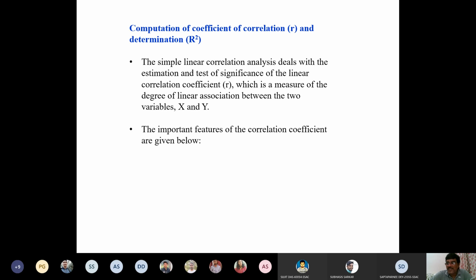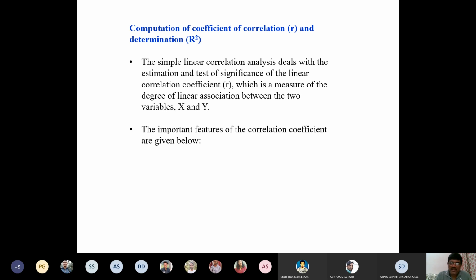But generally statisticians use capital R for multiple correlation coefficient or capital R square for multiple regression analysis, while small r means simple correlation and regression, and capital R is multiple correlation and regression, without any genuine difference. So it is your choice to use. If you use small r or capital R, it does not make a difference. So don't worry about it.